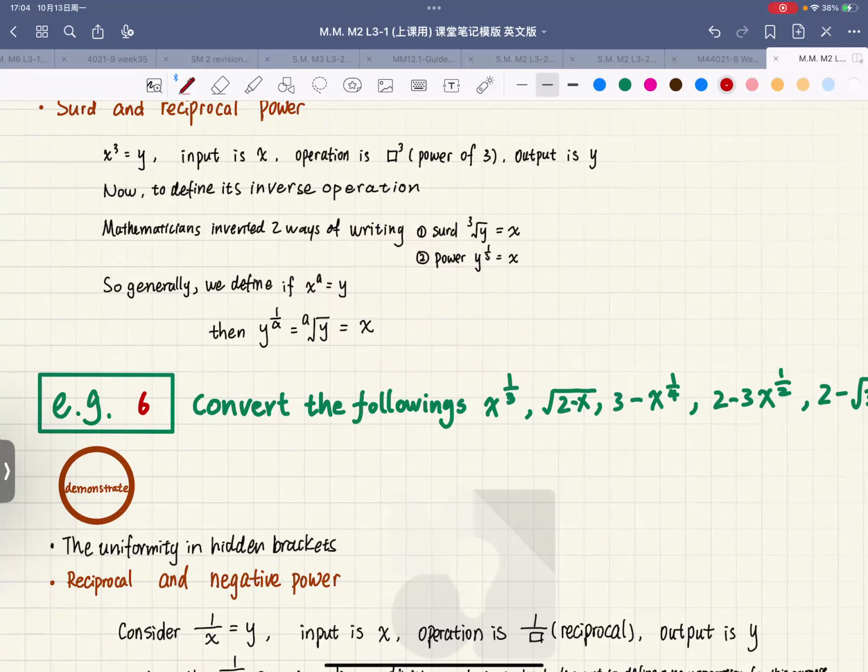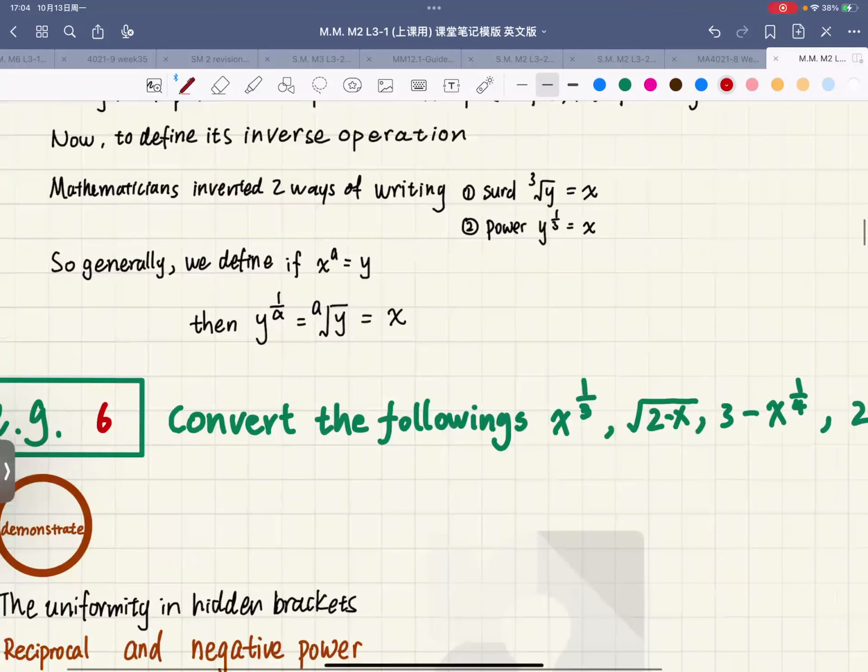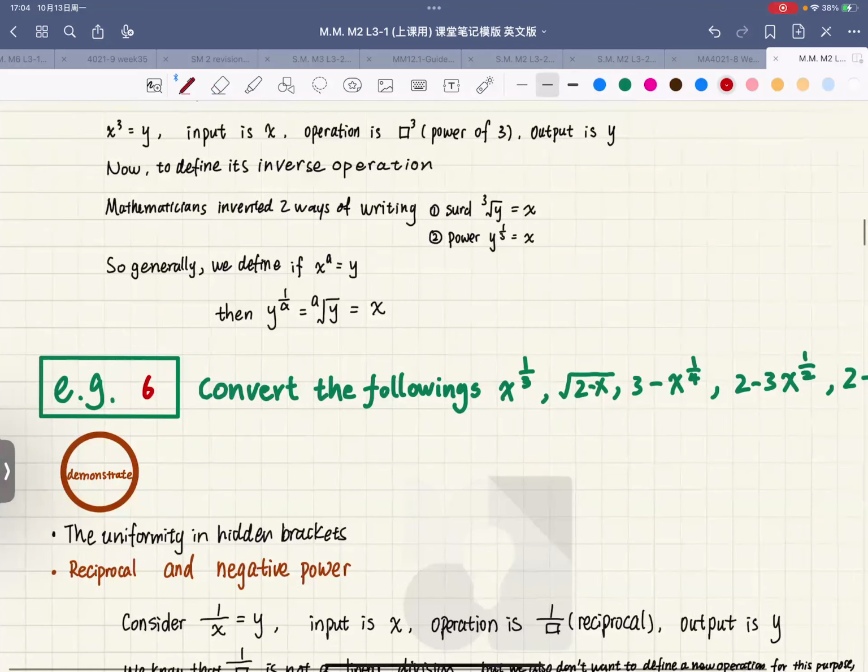So we generally define, if x to the power of a is equal to y, then y to the power of 1/a is equal to x. The a-th root of y is equal to x. That's the formula.